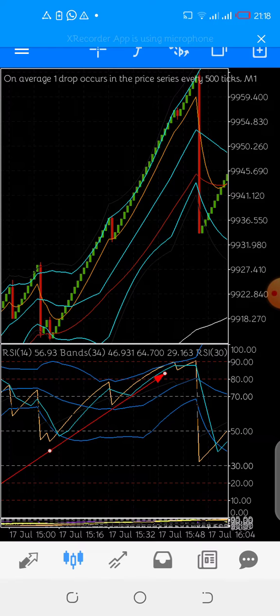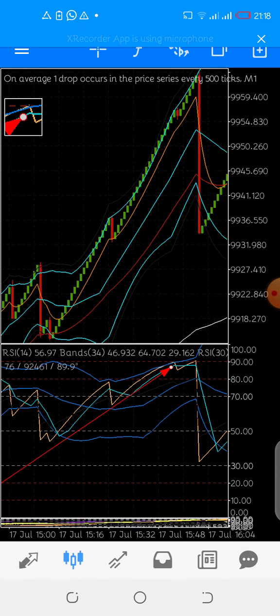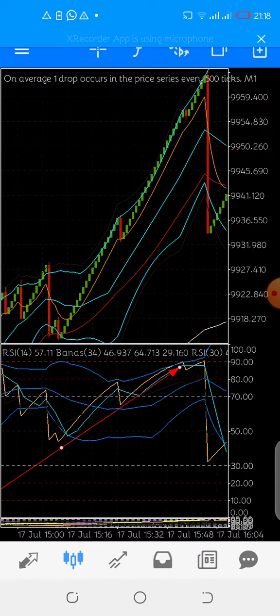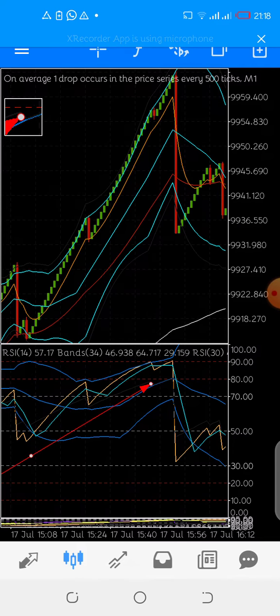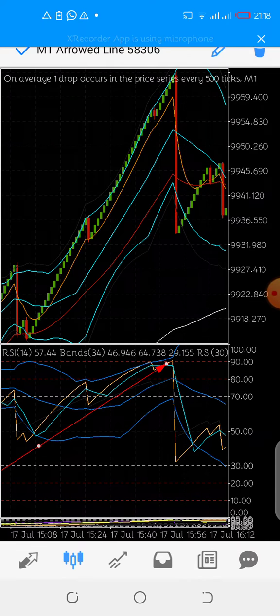Where it touched the upper band, it crashed, came down a bit, and as it was a small crash, and then as it was picking up momentum, when it was going to meet there again, it crashed now, in a very big way.